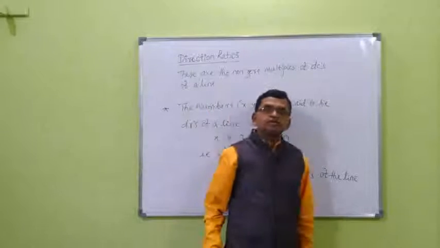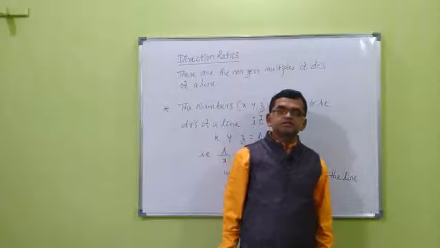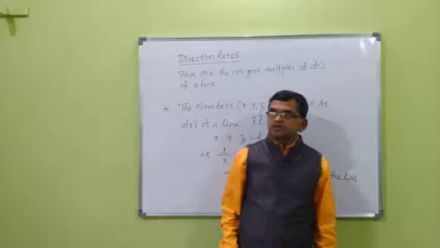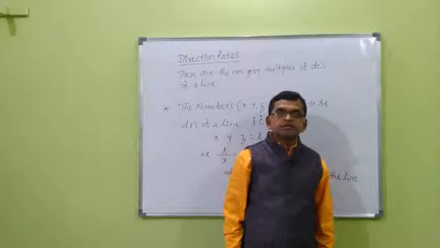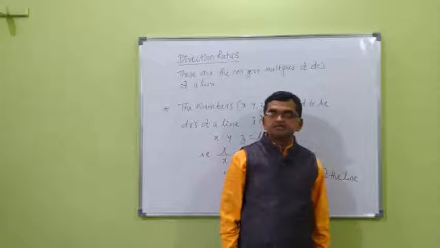The non-zero multiples of direction cosines are called direction ratios. Suppose x, y, z are three numbers.